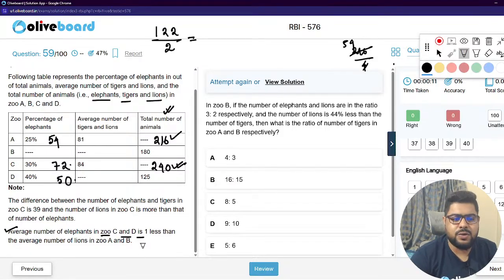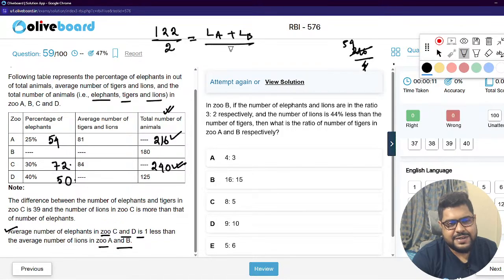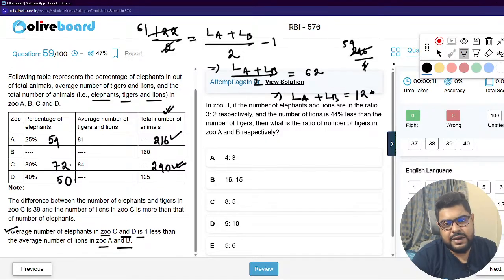It is equal to 1 less than the average number of lions in A and B. So the lions in A and B average is this minus 1, 1 less. From there I can write LA plus LB by 2 is equal to, this is 61, this is 62. Or you can write LA plus LB is equal to 120.